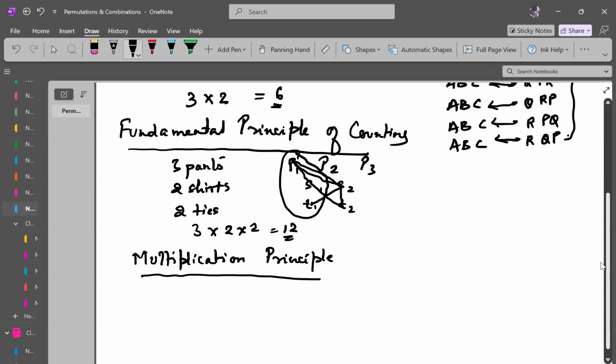Title: fundamental principle of counting, which obviously has the multiplication principle.